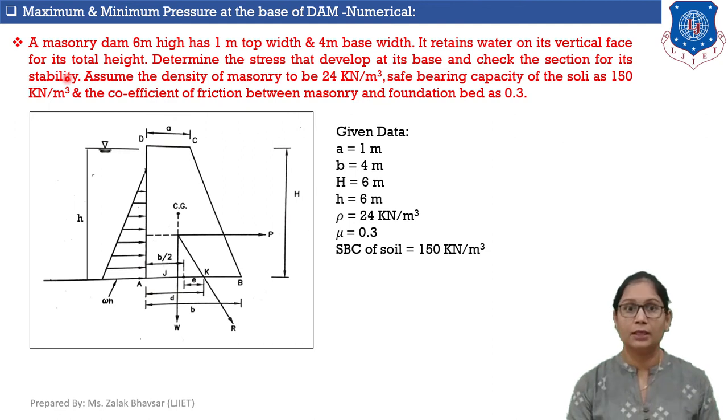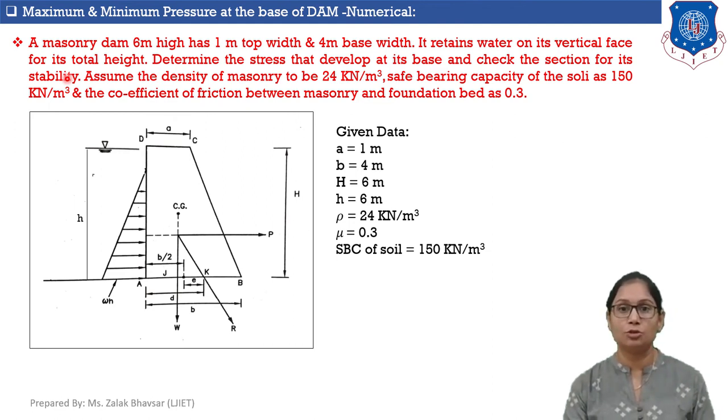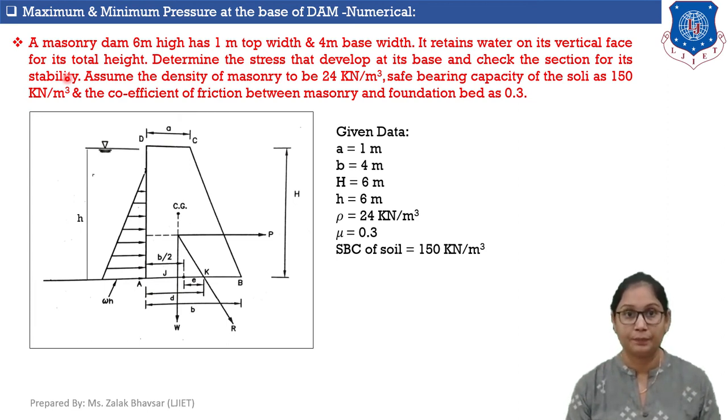So here we need to calculate sigma maximum, sigma minimum, and we need to calculate all 4 checks for safety. Now assume the density of masonry to be 24 kilonewton per meter cube. So the value of rho is given, which is 24 kilonewton per meter cube.